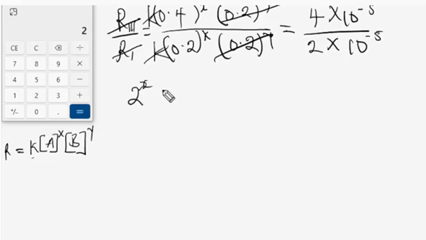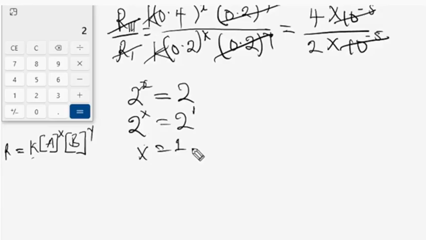So 2 to the power of x will be, so here we can just simply cancel out 10 to the power of negative 5. So 4 over 2 is 2. So it means that 2 to the power of x is equal to 2 to the power of 1. So in that case, x is equal to 1.